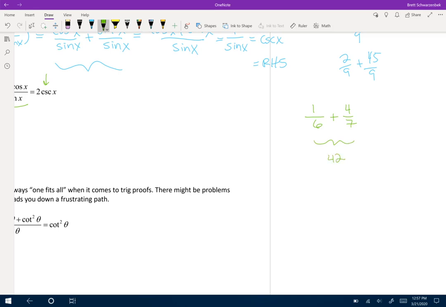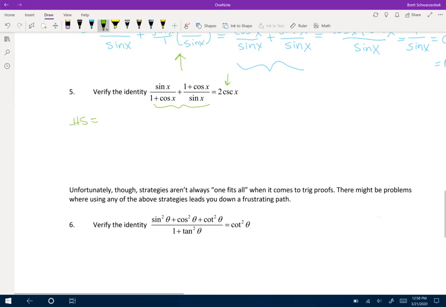To get to the common denominators, we have to multiply by a value of 1 so we don't change anything, but those values have to be the values that create the common denominator. So we get 7 over 42 plus 24 over 42, and we can put that together and get 31 over 42. Generally, that is the process we go through whenever we do common denominator work.